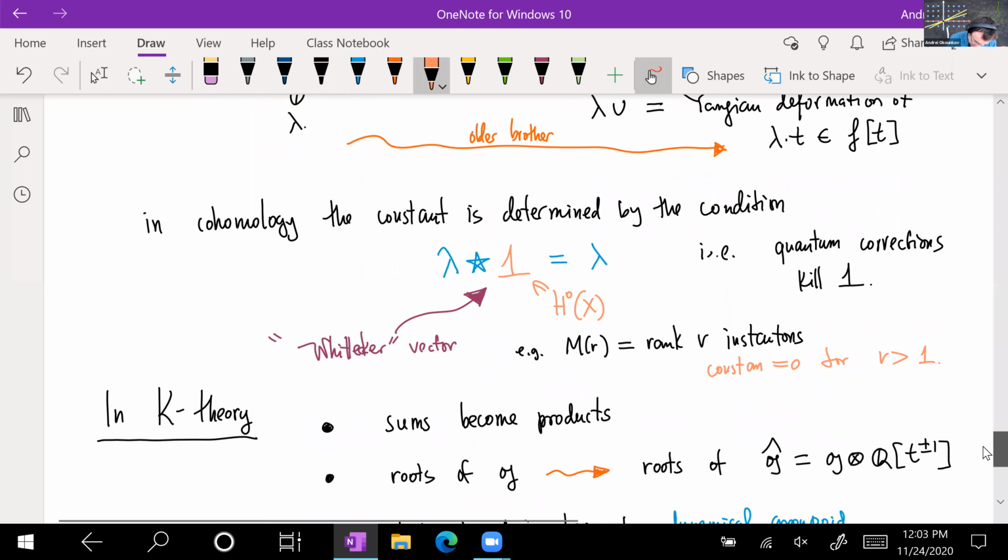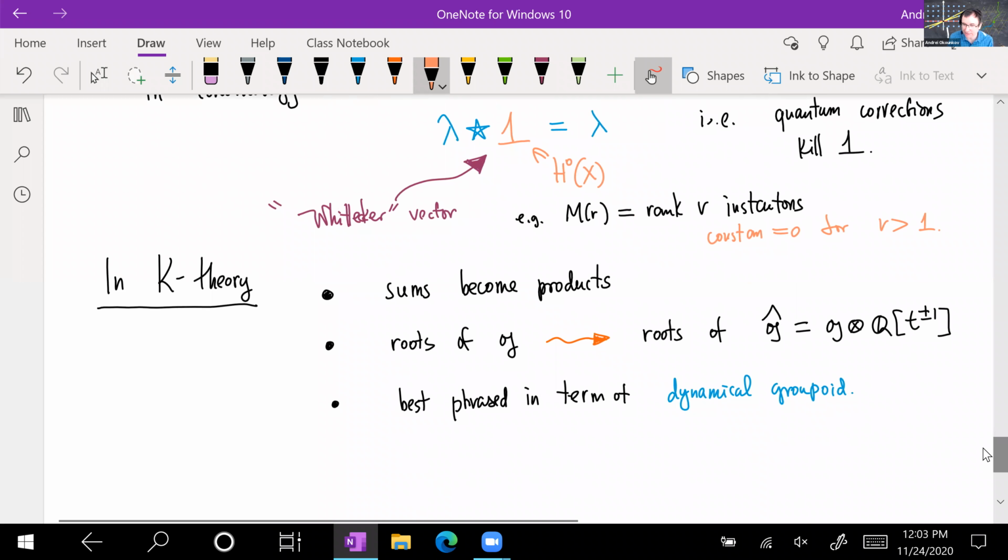So okay, now coming back, and like I said, this is maybe Konstantin, maybe I'll finish what I say, in that it's not there. It is the analog, the k-theoretic analog of the statement that quantum correction will kill one.